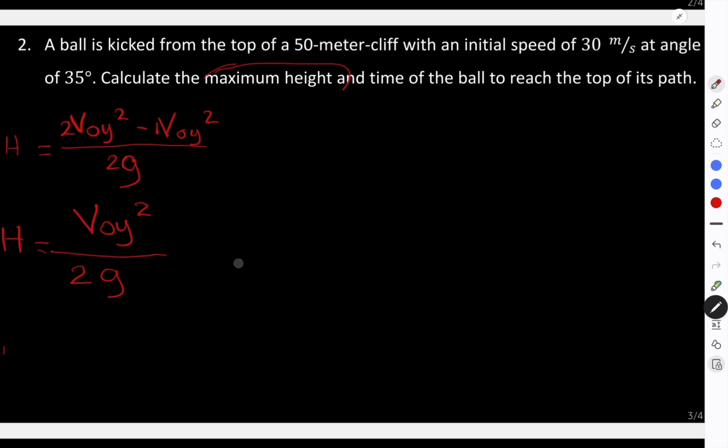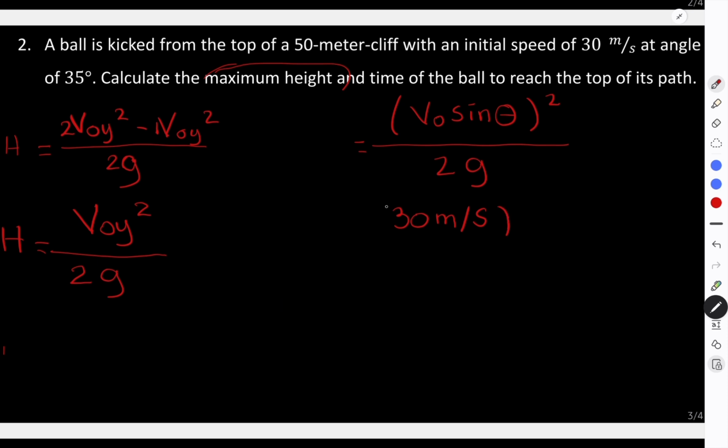Now, initial velocity in the y component is just initial velocity sine theta, correct? Square that one, all over 2 times the gravity. Next, initial velocity, let me go back, suppose we no longer have the time. Okay, we only have the maximum height. Then 30 meter per second multiplied by sine 35 degrees, and we can just put it like this instead.